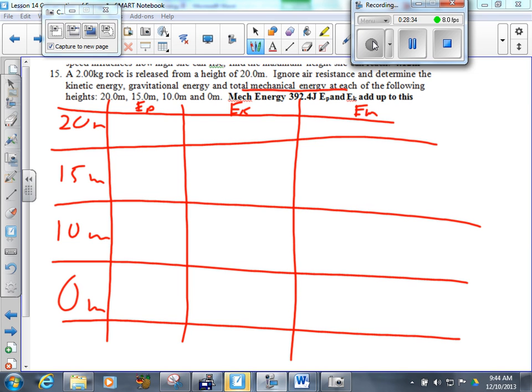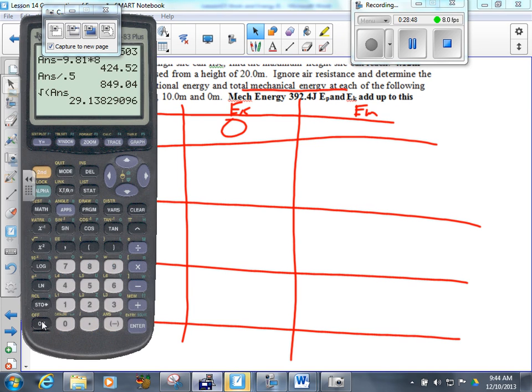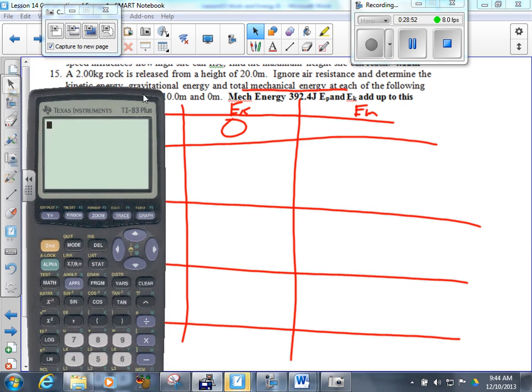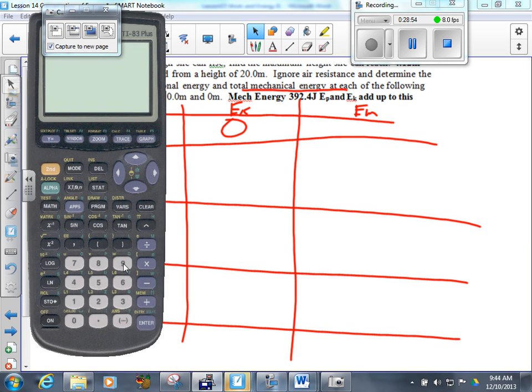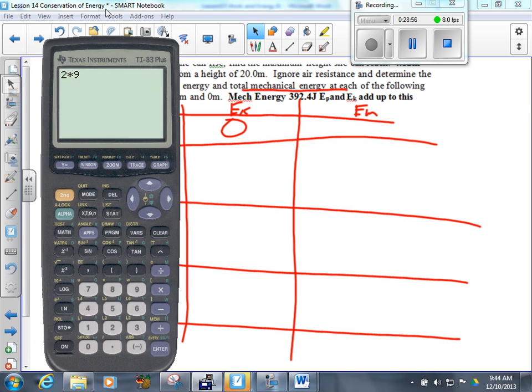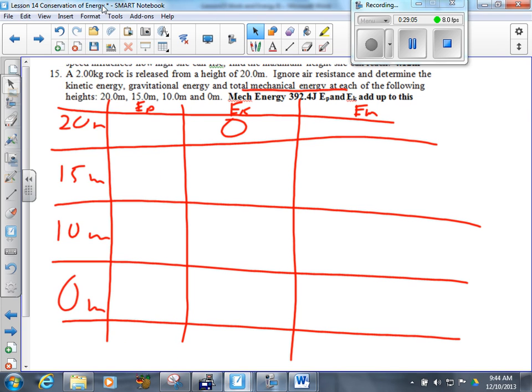MGH. Okay, and that's going to be easy because I can already fill this one in. It's 0. If I released it, it wasn't moving. All right, so I already know that EK at that point is 0. So EP at this point is going to be M times G times H. All right, so that'll be, for this one here, 2-kilogram rock. Okay, so 2 times 9.81, okay, times 20 meters. All right, 392.4 joules.